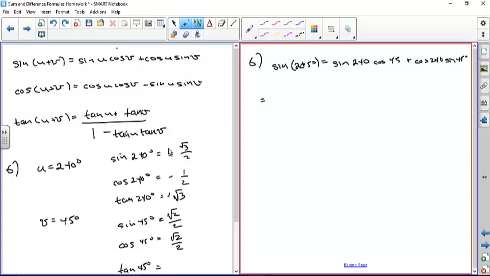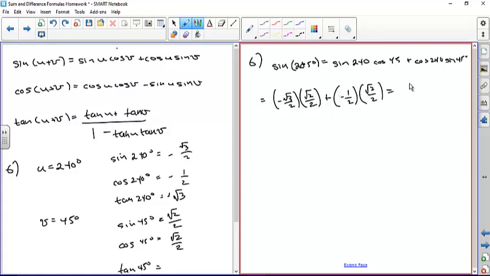So the sine of 240 is negative the square root of 3 over 2. Cosine of 45 is the square root of 2 over 2, plus the cosine of 240, which is negative 1/2, times the sine of 45, which is the square root of 2 over 2.